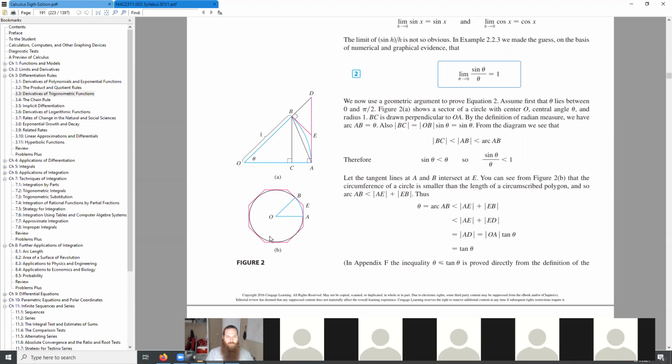So the red polygon definitely has more length as you walk around it, the perimeter, than the circle inside, right? It just encloses more space, so it's got to have a larger perimeter. You can make all sorts of arguments to claim that the blue arc in here is smaller than the red arcs all added up.